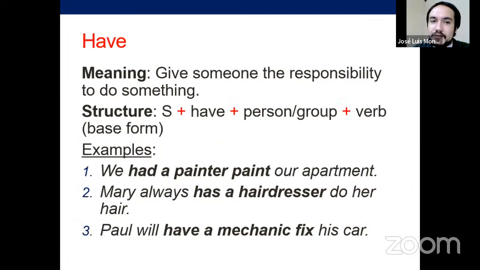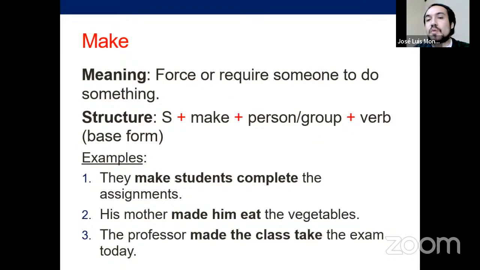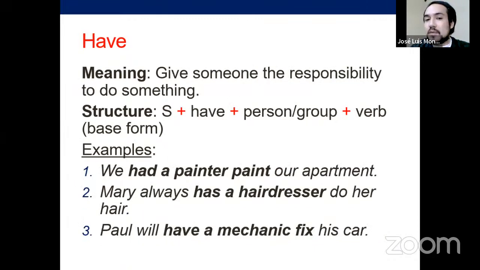Why? Because make is used with bosses or parents, because this is obligation. For example, my mom made me help her with this. So that's obligation, because mother, son. Then you have have, that is payment.